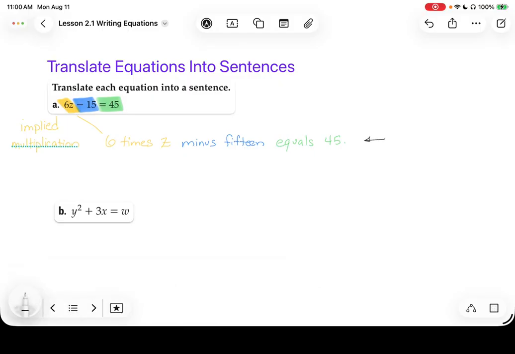But let's suppose that I'm really trying to impress the teacher and I want to write this in a really unusual, weird, technically correct, but weird way. Here's another way you could write this. You could say 15 subtracted from the product of 6 and z is 45.